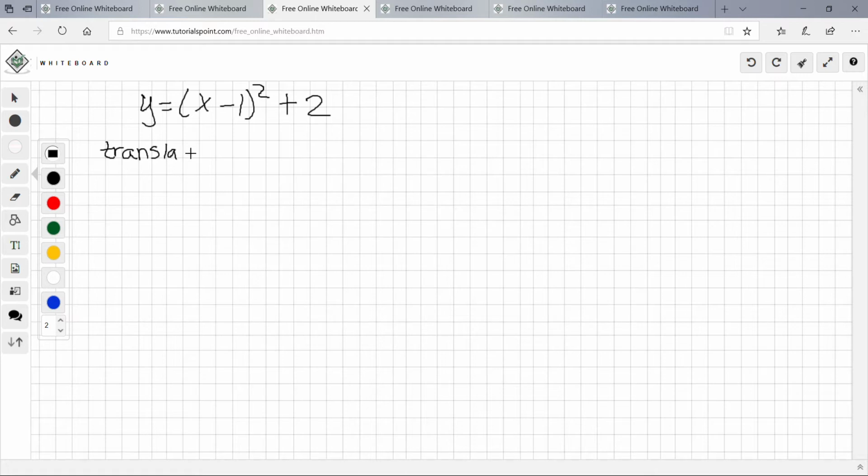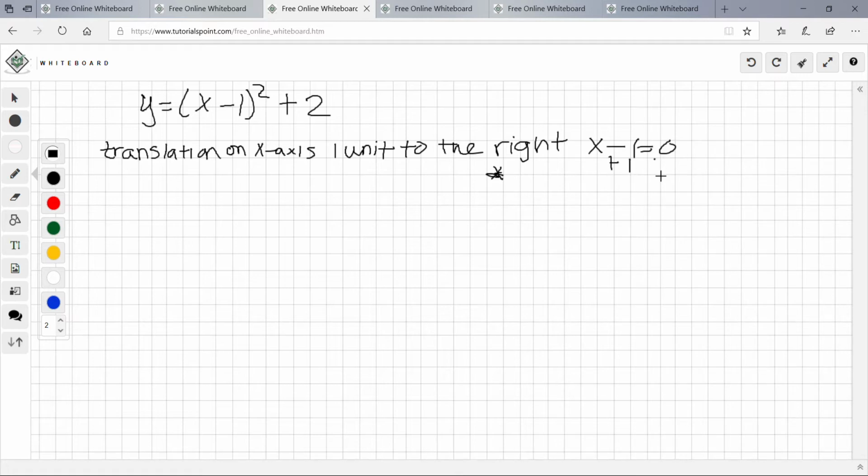Translation on the x-axis is going to be 1 unit to the right, because look here, we have an x minus 1. If you set that to 0, you add 1. So you're moving 1 unit to the positive right.